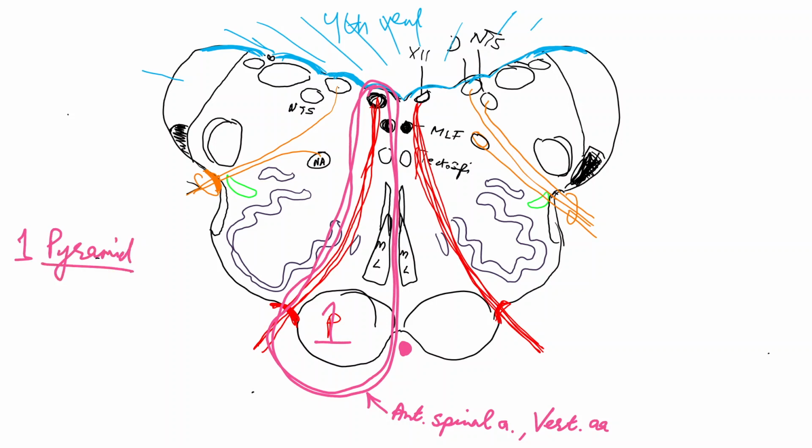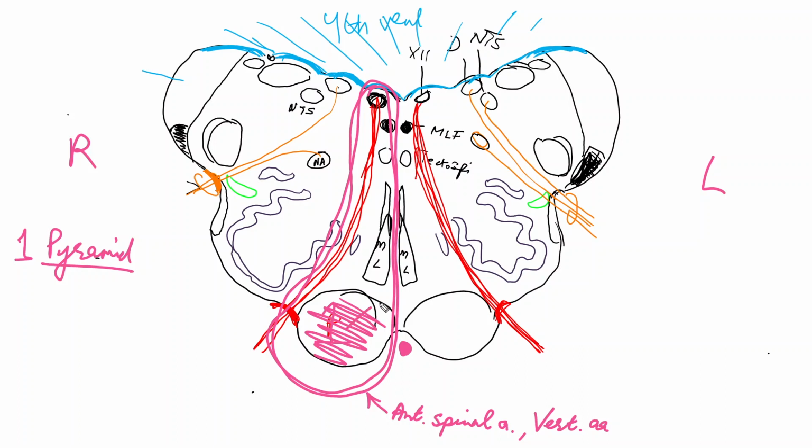What will happen because of affectation of only, suppose this is the right side, this is the left side of the patient. By involvement of the right pyramid, this right pyramid is containing motor neurons coming from the right cerebral hemisphere. But what is going to happen to these neurons?